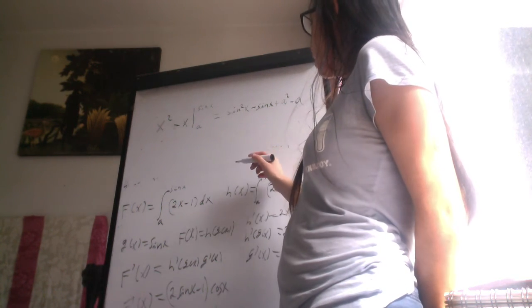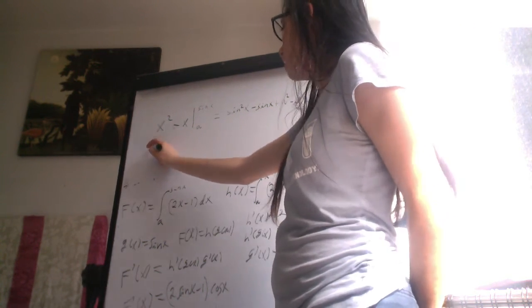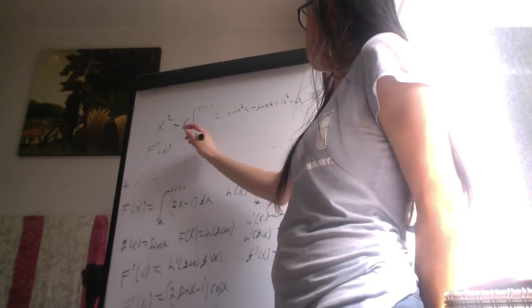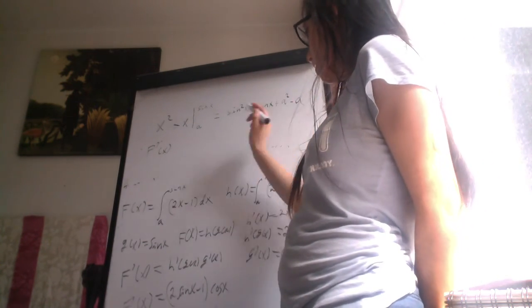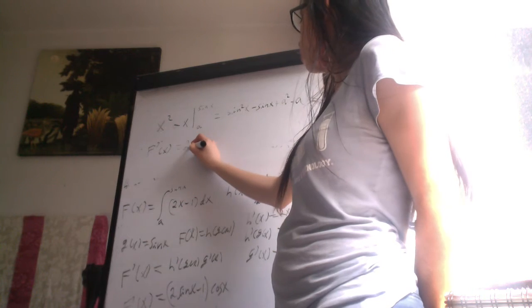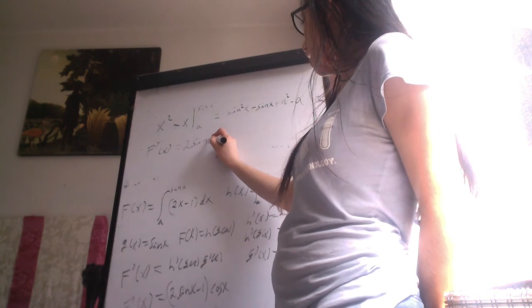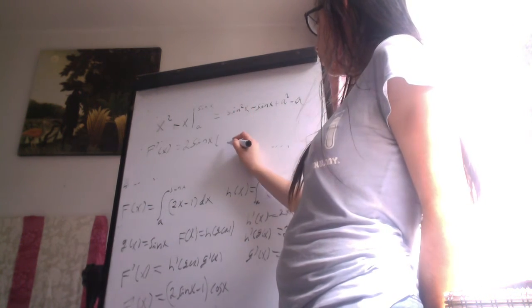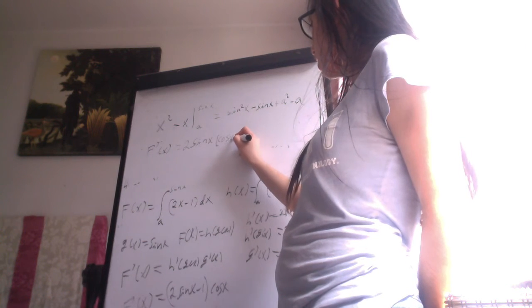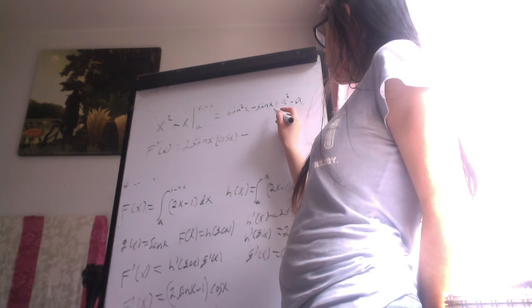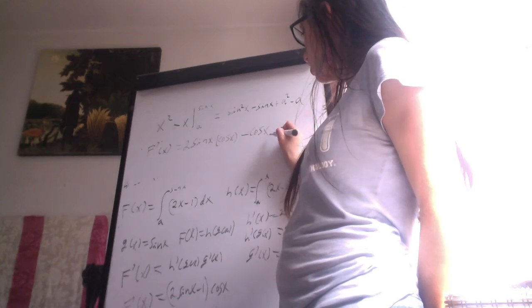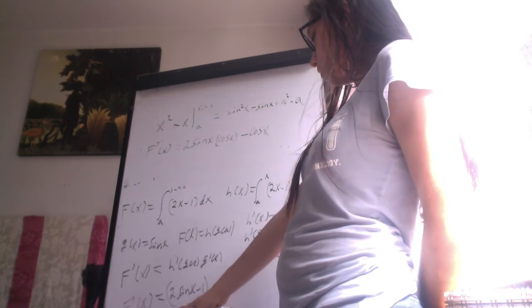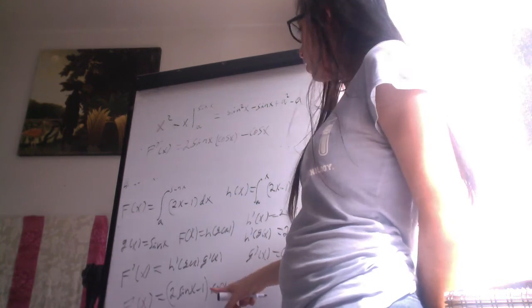Now, what is the derivative of f of x? These are just constants, so they will cancel. This would be 2 sine x times the derivative of sine x, that is cosine x, minus the derivative of sine x, which is cosine x. If you expand this, you have 2 sine x cosine x minus cosine x.